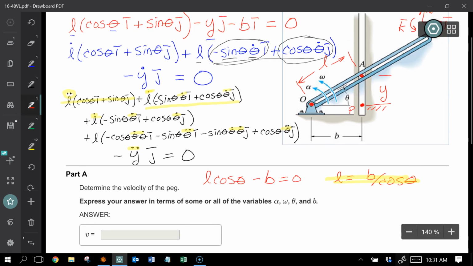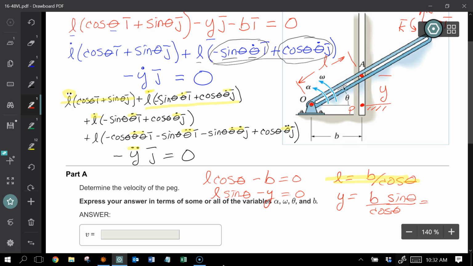If you equate the j's of that equation, you'll have L sine theta minus y equals 0, and so you can solve for y if you want it. Y is going to equal L, and L is equal to b over the cosine of theta, times the sine of theta.